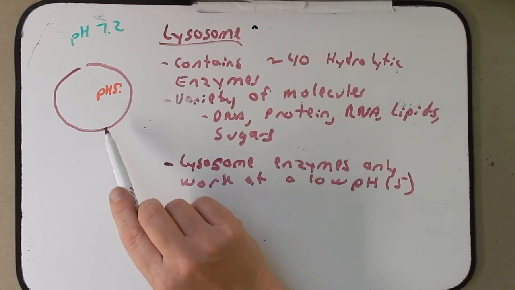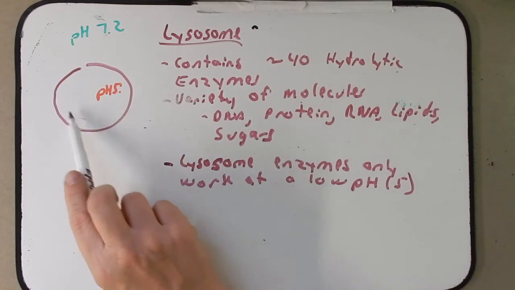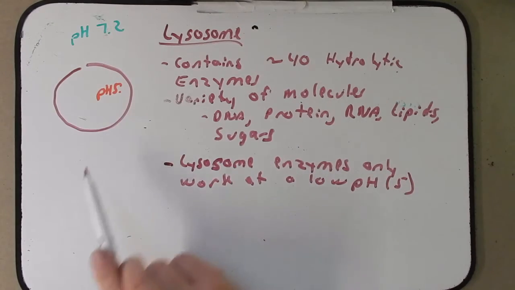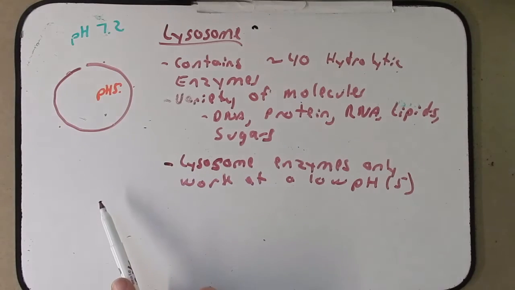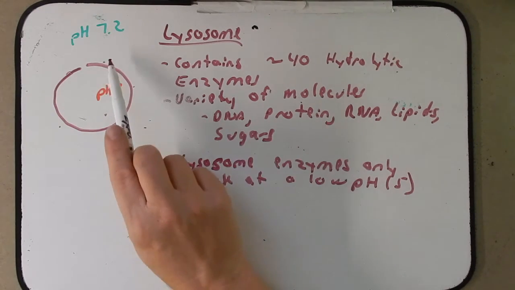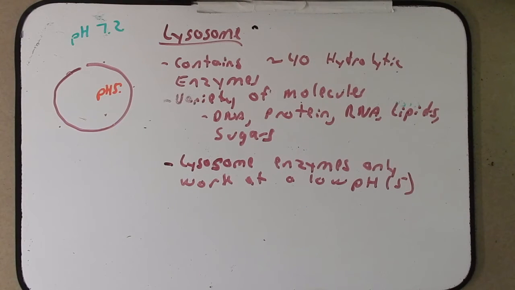One, we are only allowing digestion of these molecules in the lysosome. If something were to happen and the lysosome would break up and these enzymes were released in the cytosol, the pH of the cytosol would prevent those enzymes from working. So you wouldn't have the entire cell being digested, which on most days is a good thing.